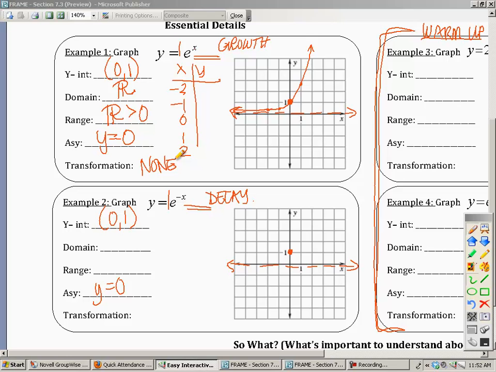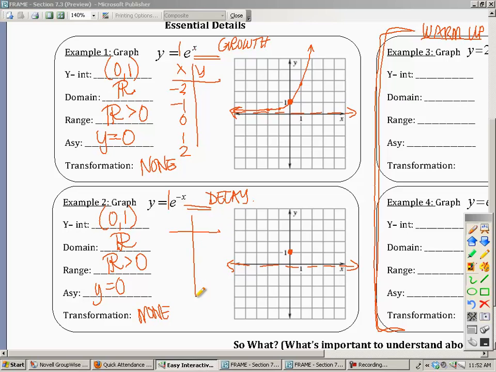Let's talk about same or different with decay. My domain, it's an exponential, so my domain is still all reals. My y-intercept is still above my asymptote, so the range is all reals greater than 0. This again is a base decay function, so there's no transformations.